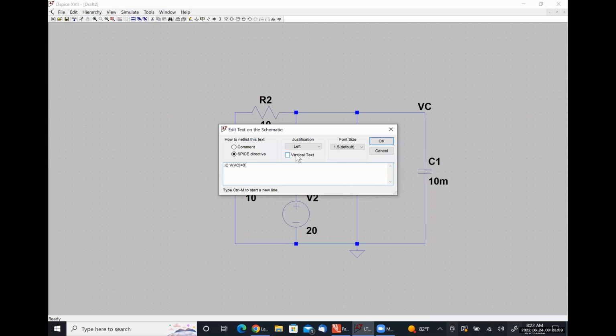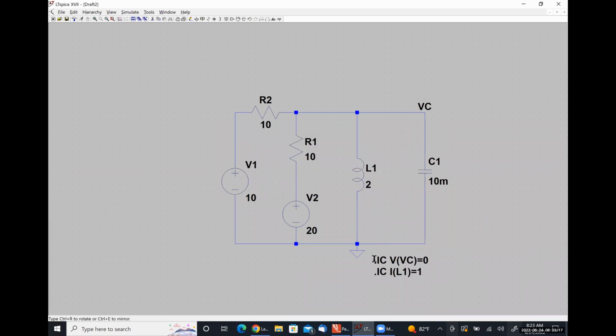And now I'm going to press Control M to give myself a new line. .IC I(L1), the current through inductor 1, equal to 1 amp. I'm going to put this Spice directive code here.